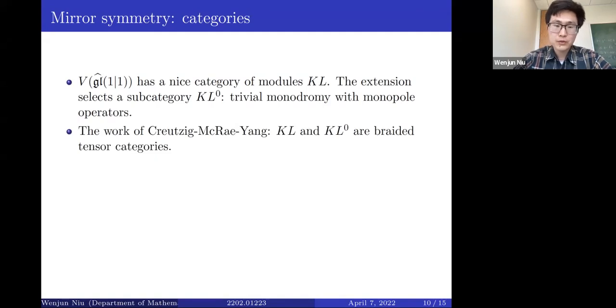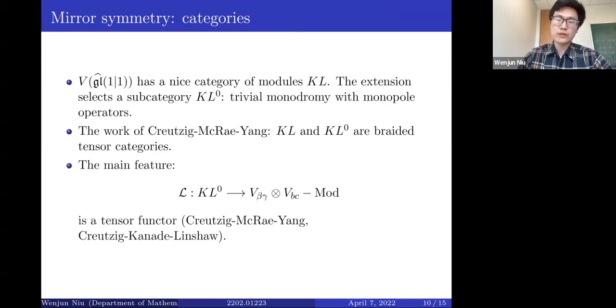So what was shown in the work of Creutzig, McRae, and Yang is that these two categories are both braided tensor categories. And what we use is that my beta gamma VOA is actually a simple current extension, so there is a way to relate modules of GL(1|1) to modules of this extended VOA.